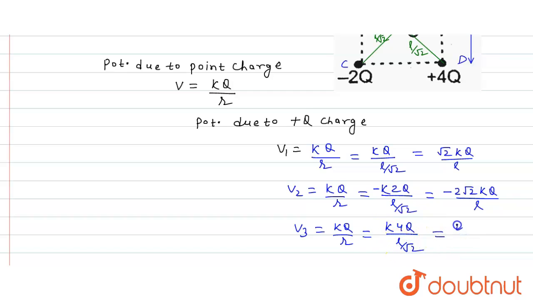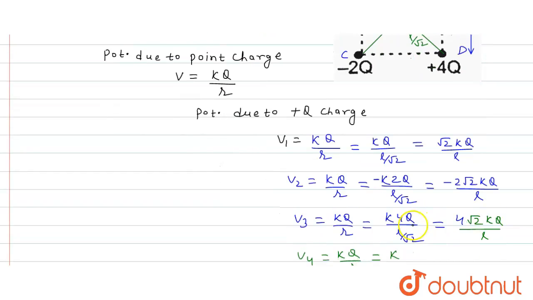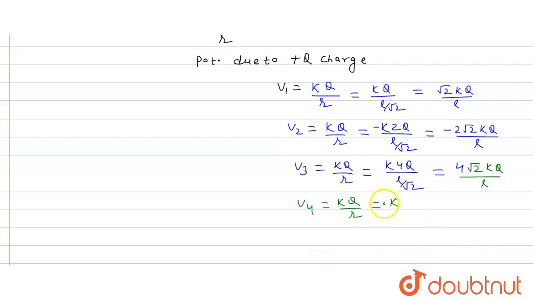So from here this will be 4 root 2 KQ upon L. Similarly V4 will be KQ upon R, which is K, and the Q value here is minus 3Q, so minus 3Q upon L by root 2, that is equal to minus 3 root 2 KQ upon L.